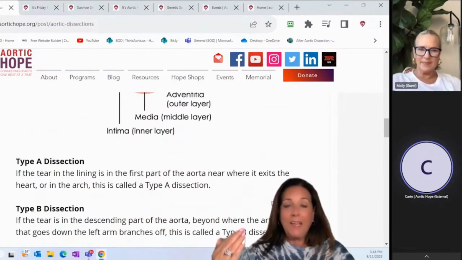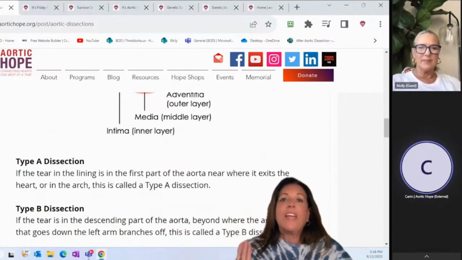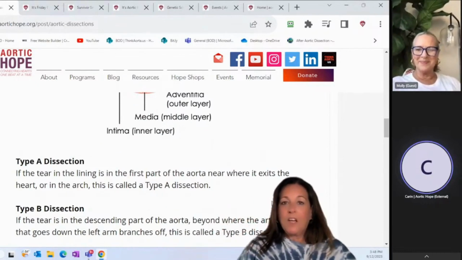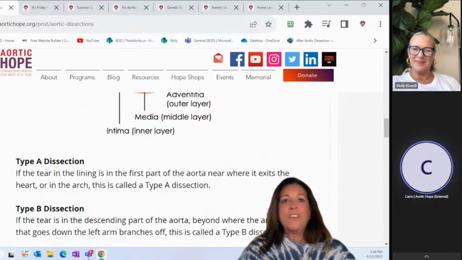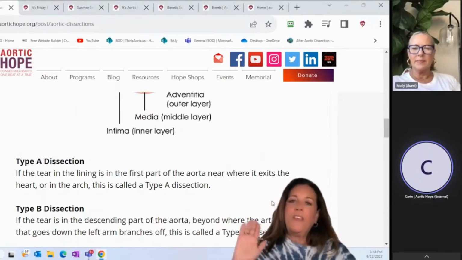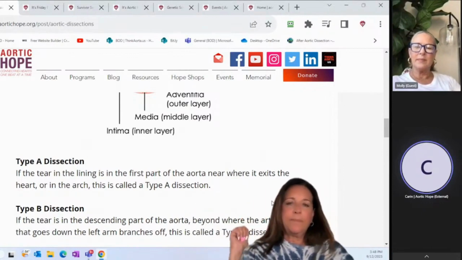Okay, so a type A would be anything that's on the ascending, type A, ascending. I like the way that Dr. Udelman says that. So if it's in the first part of the aorta, near where it exits the heart, or in the arch, it's ascending, okay?